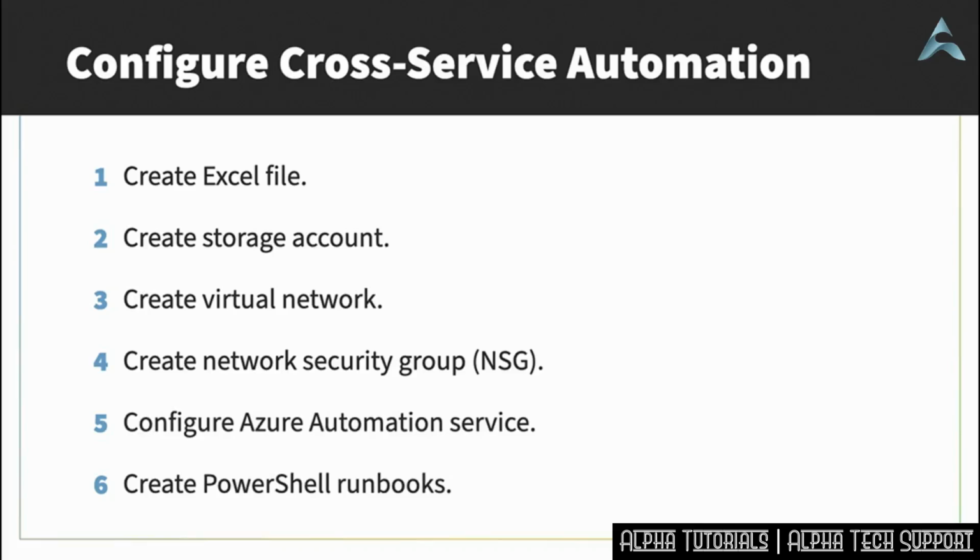Once this is done, we will create PowerShell runbooks, and after creating them, we will assign permissions to the service principal at the subscription level, create and configure the Event Grid, and create a webhook for listening to the events that happen in the storage account. Once that is done, we will create the subscription to the events over the webhook. And that will conclude the complete process flow demo.